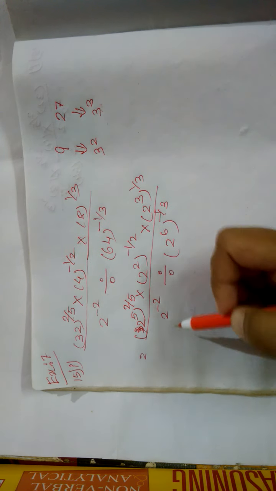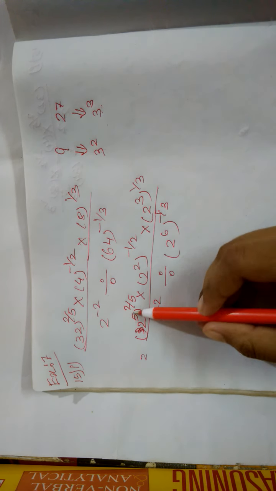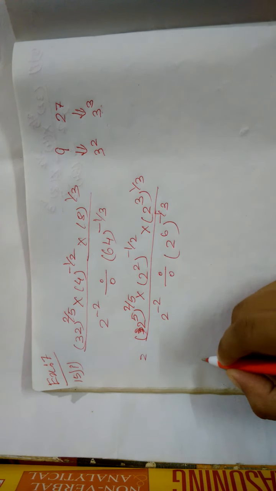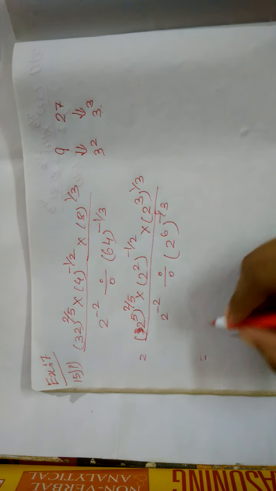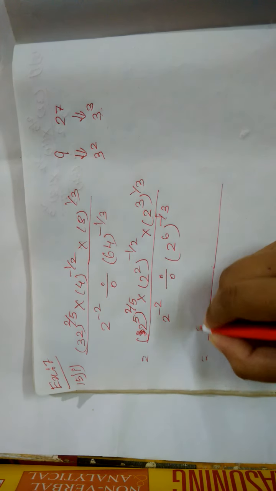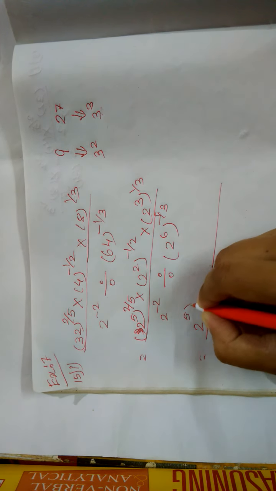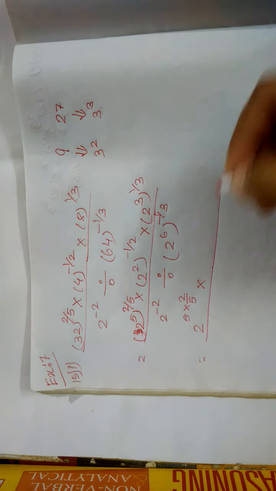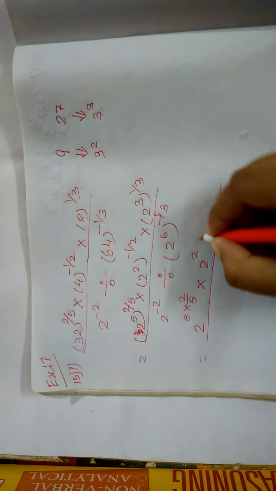Now, bracket implies multiplication between the powers of the figure. Now, we are going to simply multiply the powers, and you will see that the denominators and the numerators are getting cancelled.